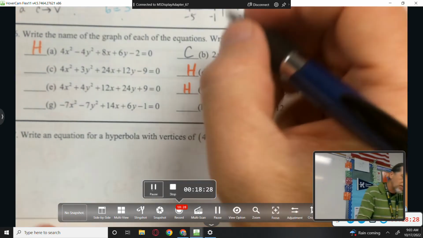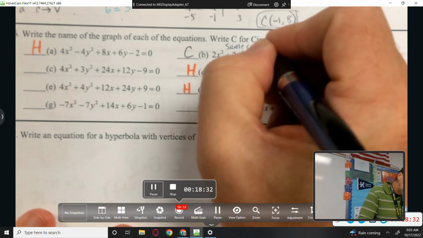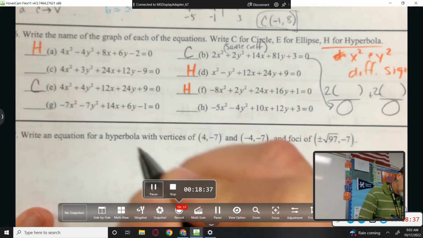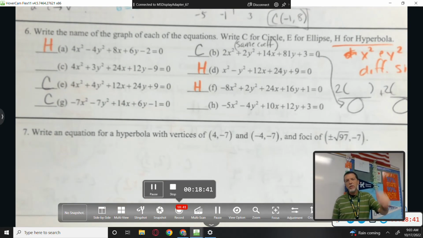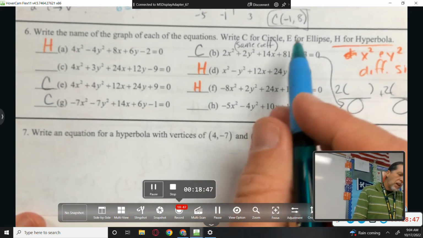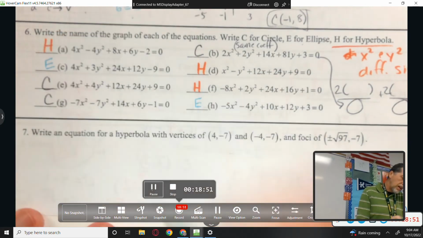Same coefficient for circle. Meaning even if they're both negative, because if they're both negative, you could multiply by -1 and fix it. And then ellipses would be same sign but not the same number.